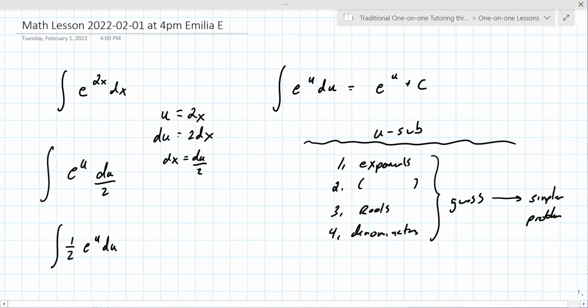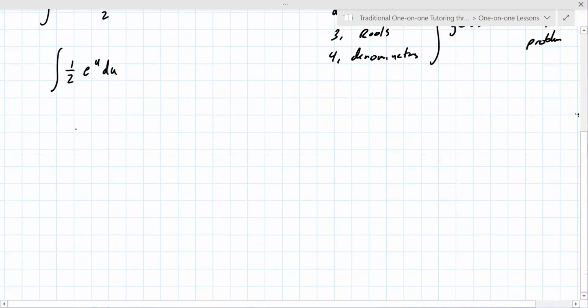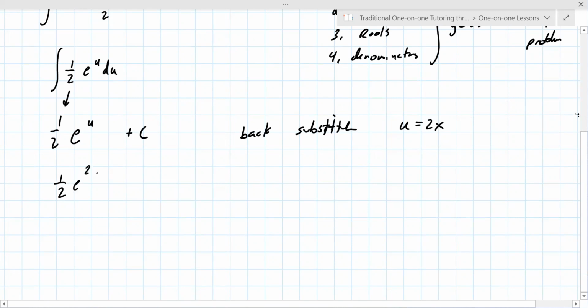The antiderivative of this is e to the u. So it's e to the u plus c. That 1/2 comes down. But then, very important, you have to back substitute your u. Your u was 2x. So it's 1/2 e to the 2x plus c.